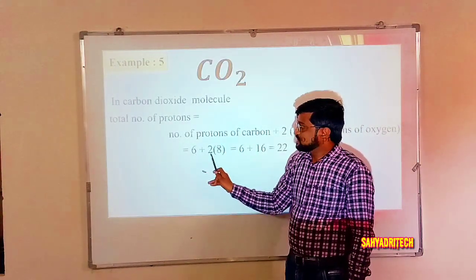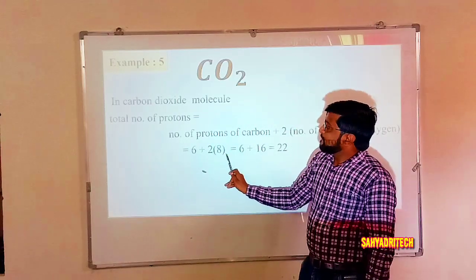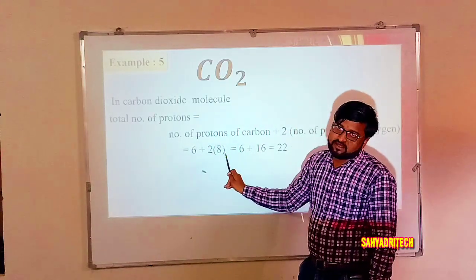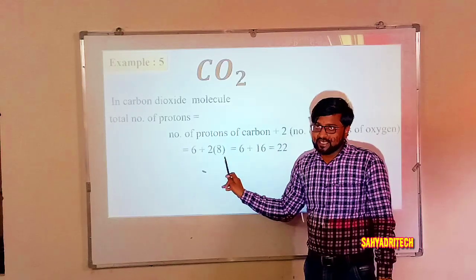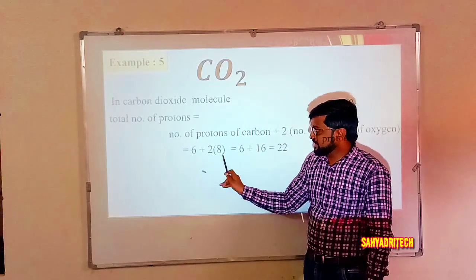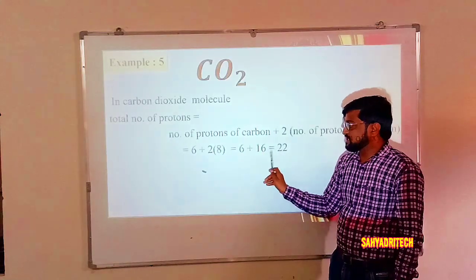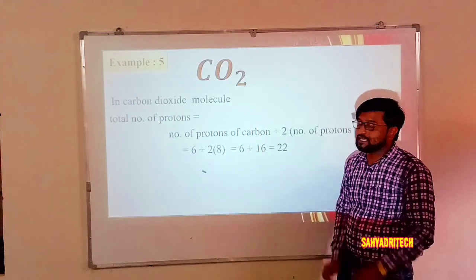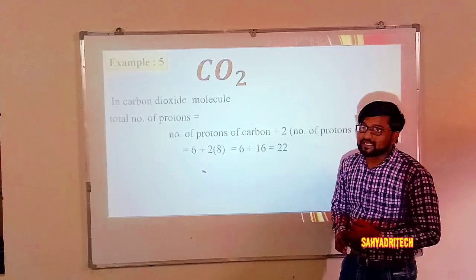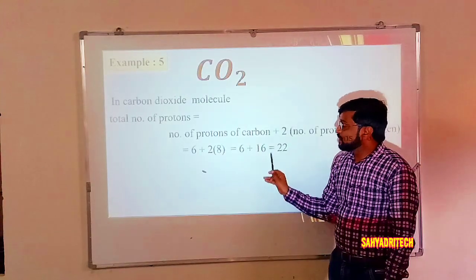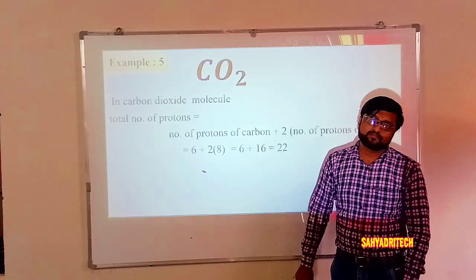6 plus 2 into the number of protons of oxygen. What is the atomic number of oxygen? 8. So 2 into 8 is 16. 6 plus 16 is 22. So a molecule of carbon dioxide contains 22 protons.